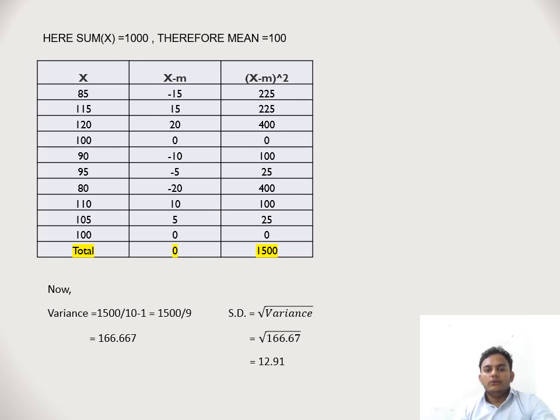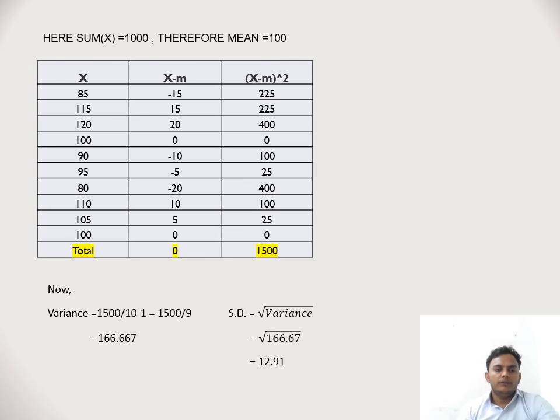Now for calculating variance, we first need to calculate the arithmetic mean. The sum of all observations is 1000, divided by the number of observations, 10. So 1000 divided by 10, the arithmetic mean is 100. For calculating the numerator value, (xi minus x bar) whole square, that is, individual observation minus mean whole square, we need to draw a table.